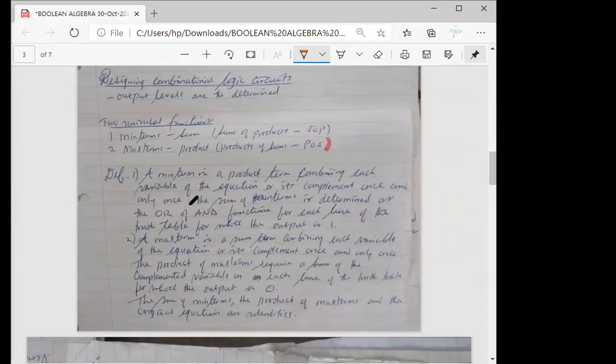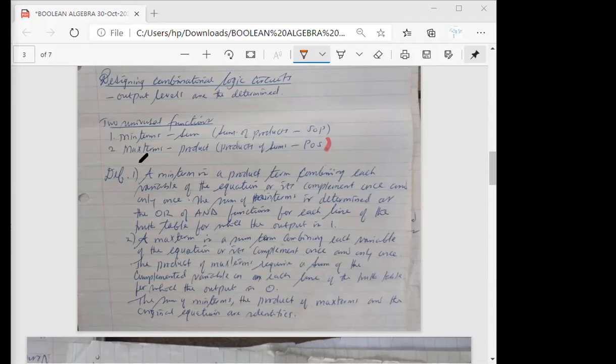Now, the next thing is what we call the determination, or how do we design the combinational logic circuit. What we've done is just solve what has been given. What if we are now designing it? Are we in a position to carry out the design ourselves?